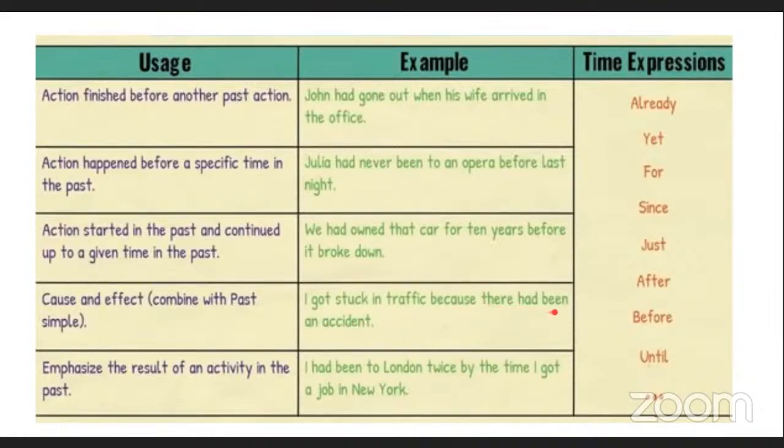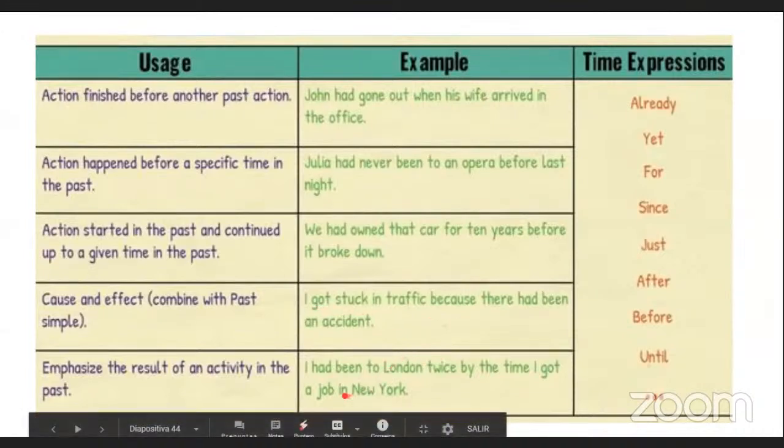The second part of the statement is in the past perfect, and the first one is in the past simple. And the last one, to emphasize the result of an activity in the past. For example, I had been to London twice by the time I got a job in New York.